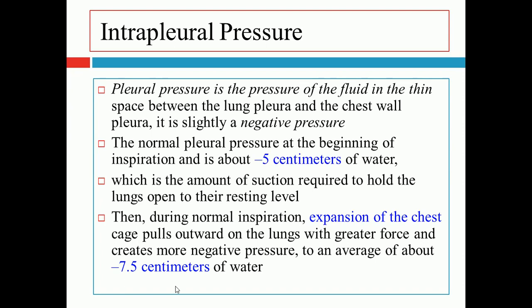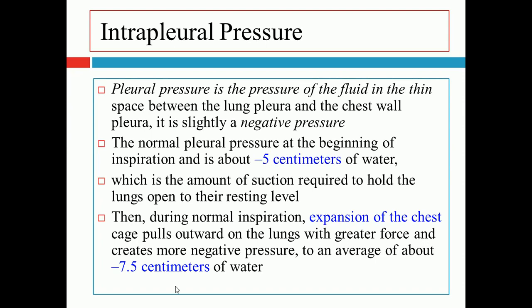the expansion of the chest cage pulls outward. So simply your chest comes out. You can breathe in now and see that your chest cage is coming out, pulling on the lungs with greater force and creating more negative pressure, to an average of about minus 7.5 centimeters.